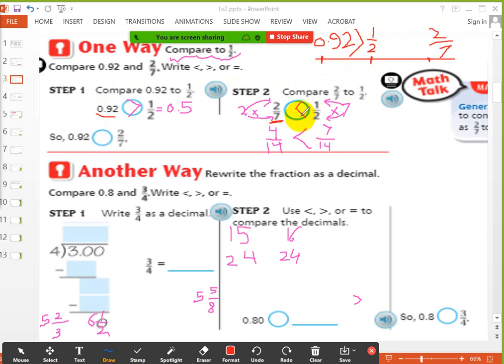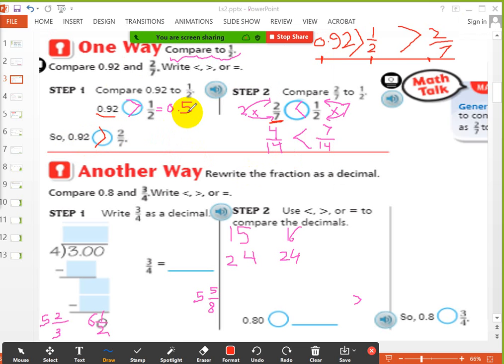That means 1 over 2 is greater than 2 over 7. So which one is the greater, 0.92 or 2 over 7? Of course 0.92. So I will know from this friendly number, 1 over 2, that 0.92 is greater than 2 over 7. I will repeat again, girls.